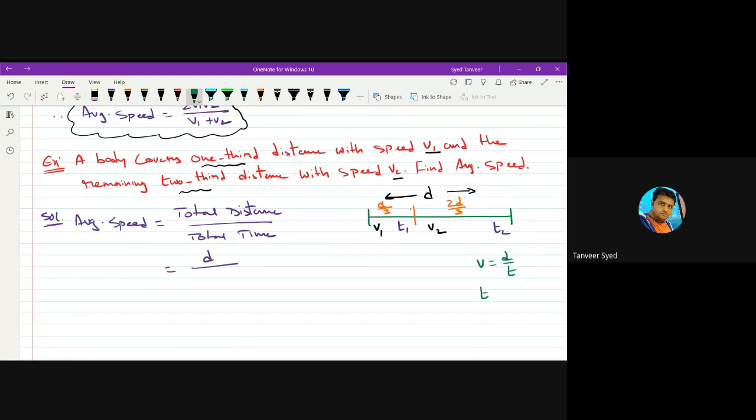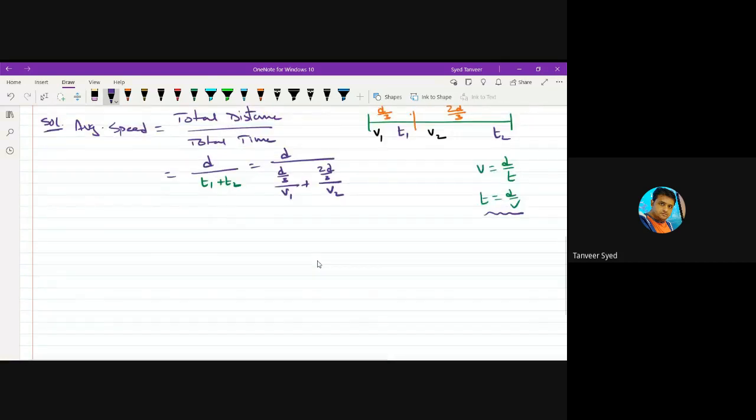We know speed is distance by time, time is distance by speed. So I can write total time is t1 plus t2. What is t1 from this formula? t1 is the time taken to cover distance d by 3 with speed v1, so t1 is d by 3 by v1, plus t2, the time taken to cover distance 2d by 3 with speed v2, which is 2d by 3 by v2.